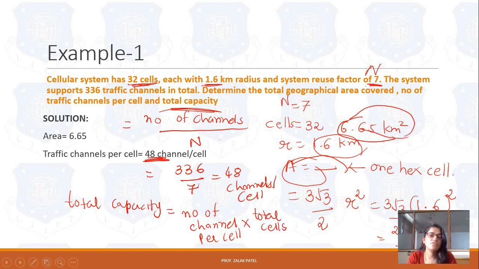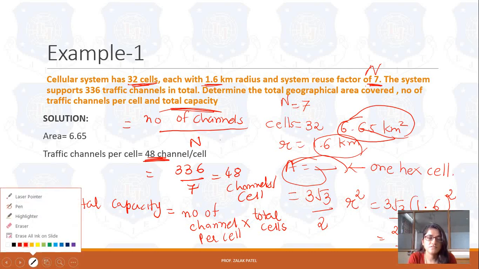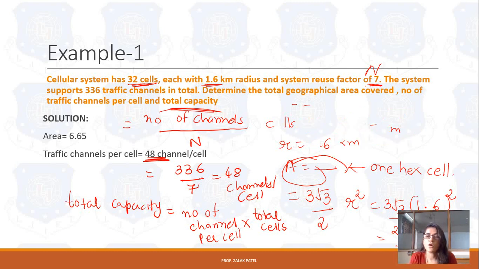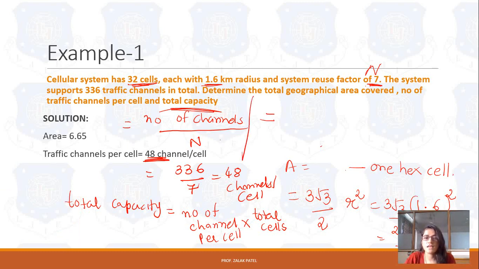We found the number of channels per cell, that is 48, and the total number of cells is 32.